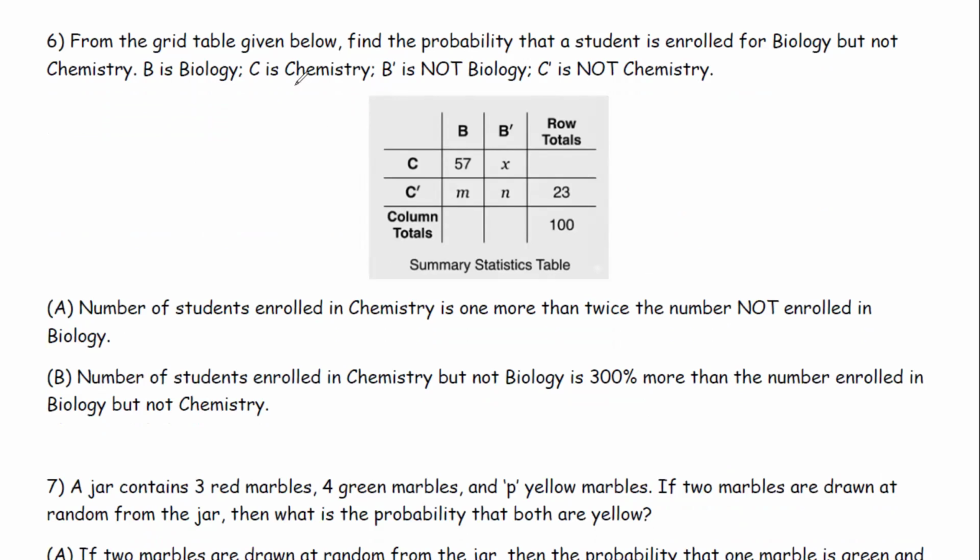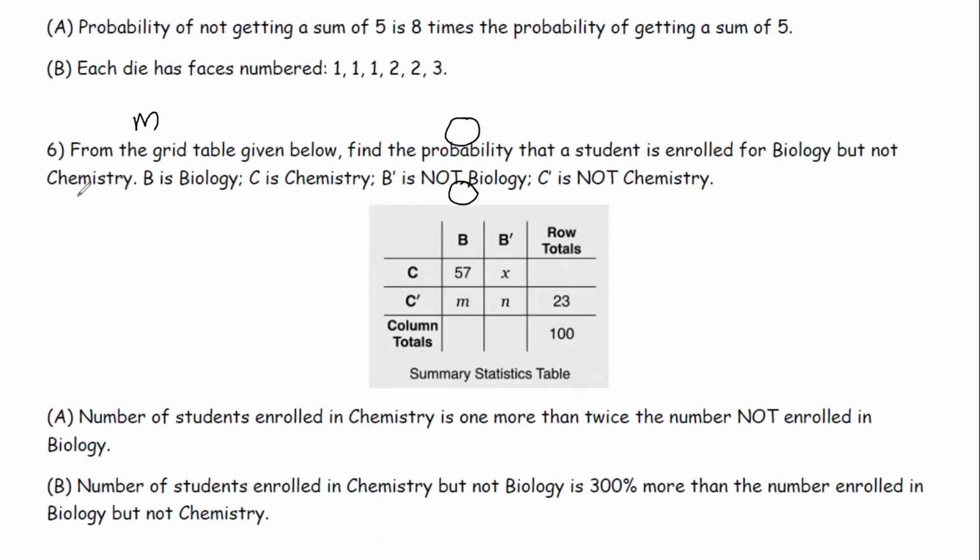From the grid table given below, find the probability that a student is enrolled for biology but not chemistry. Biology but not chemistry. So M is what we need to find out, out of 100.